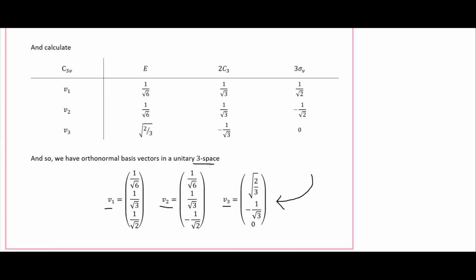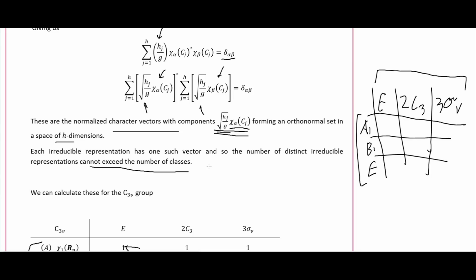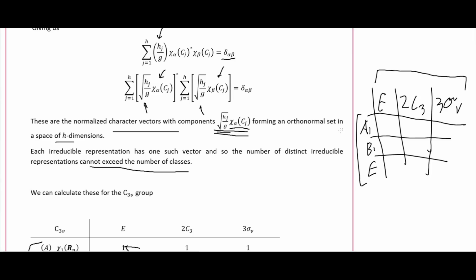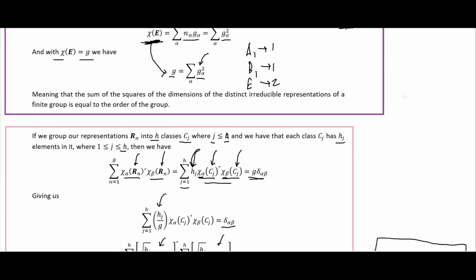But anyway, the takeaway message for this one I have here in pink is essentially just that the number of irreducible representations has to be equal to the number of classes that we have.